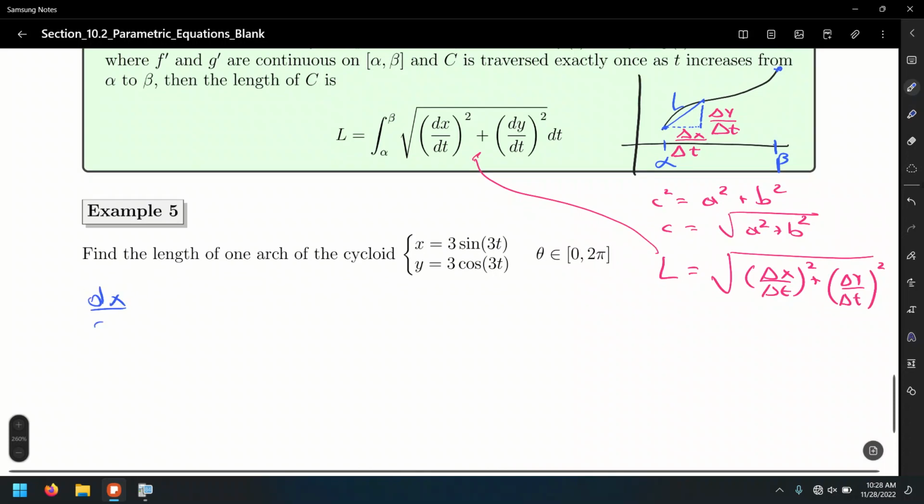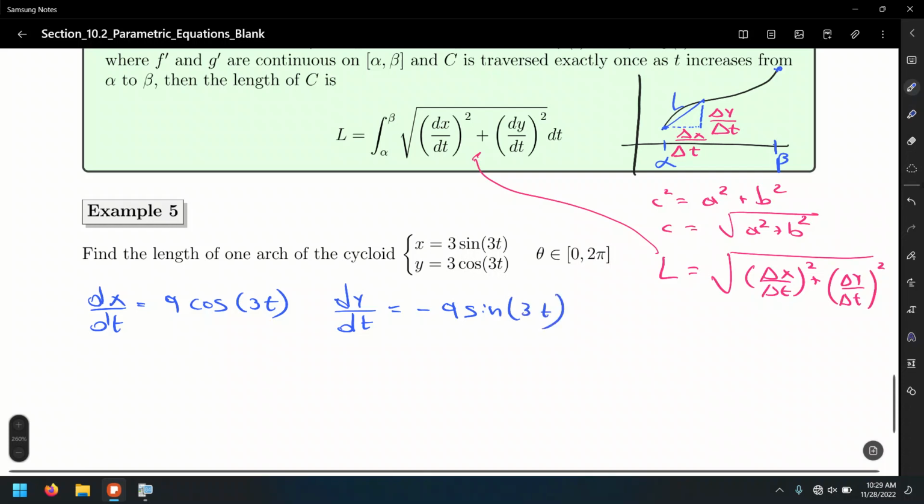So dx/dt, by the mini chain rule, is going to be 9 cosine 3t, and dy/dt equals negative 9 sine 3t.